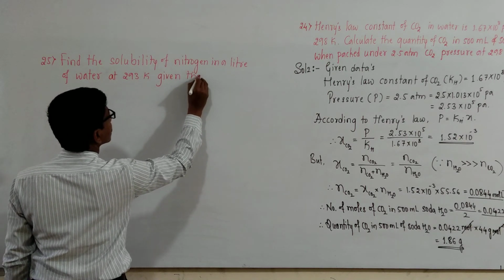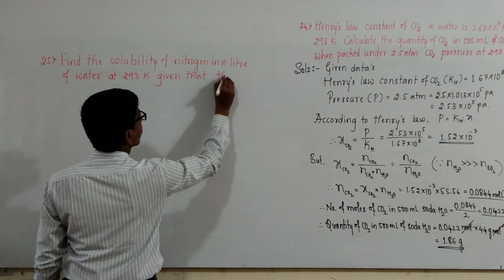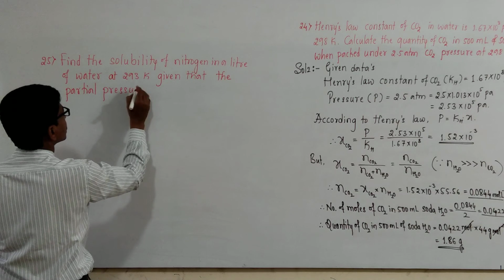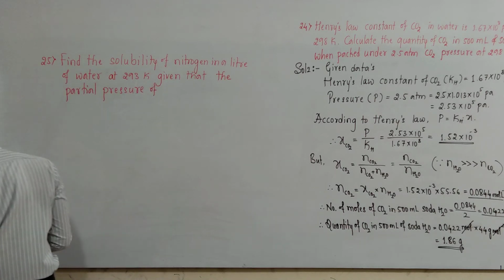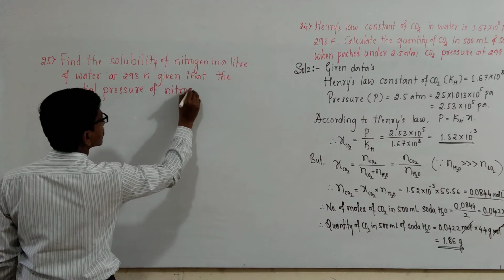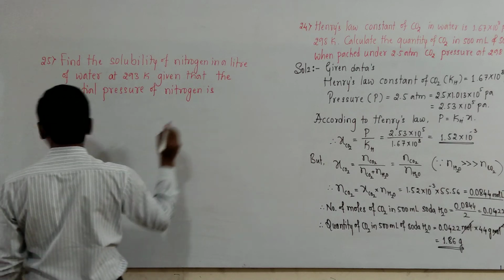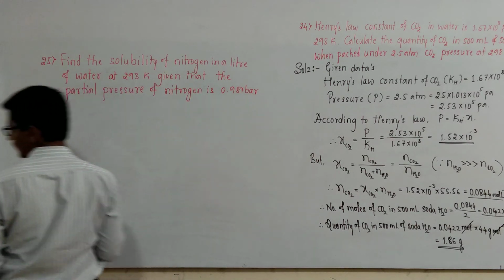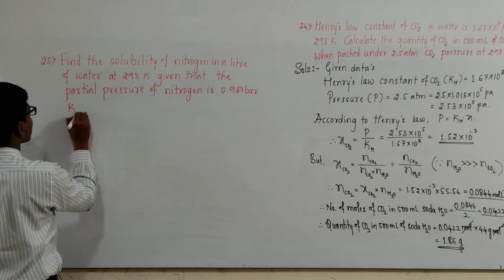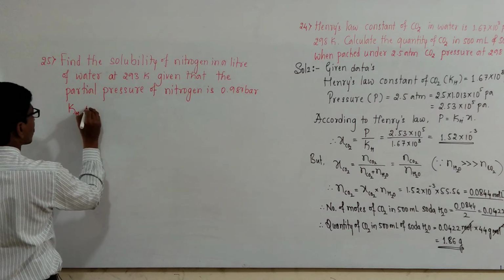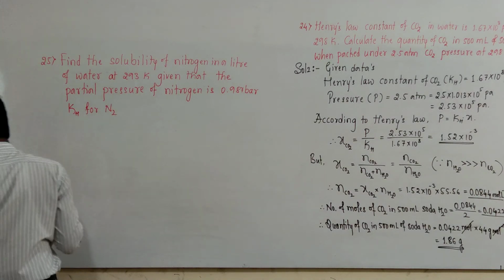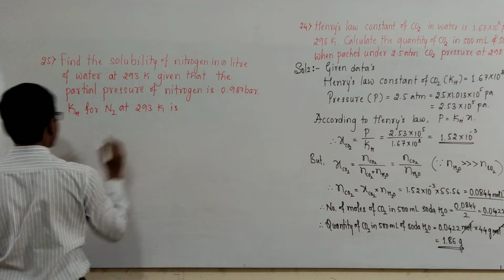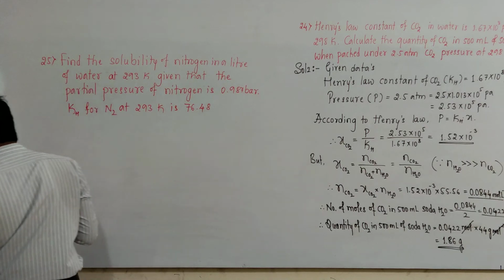Given that the partial pressure of nitrogen is 0.987 bar, kH for N2 at 293 Kelvin is 76.48 kilobar.